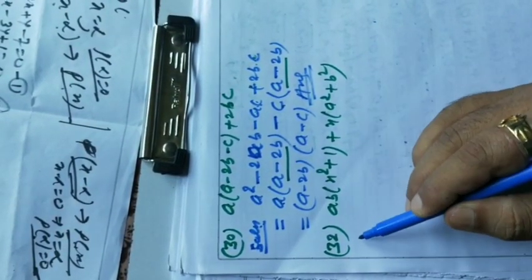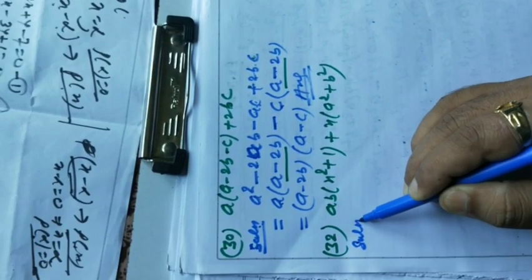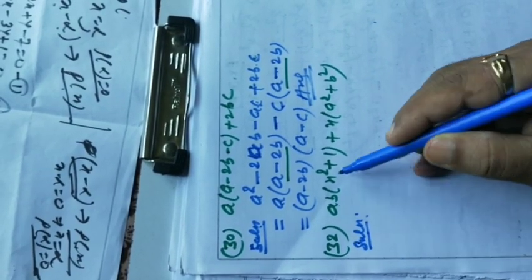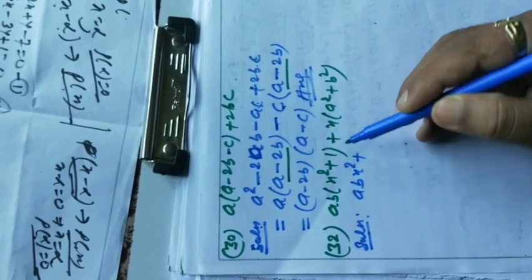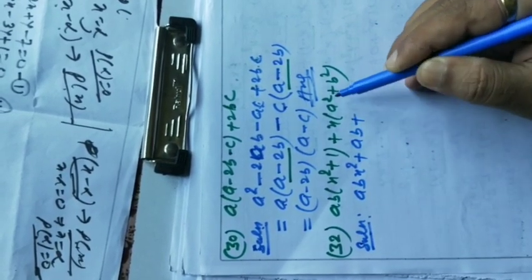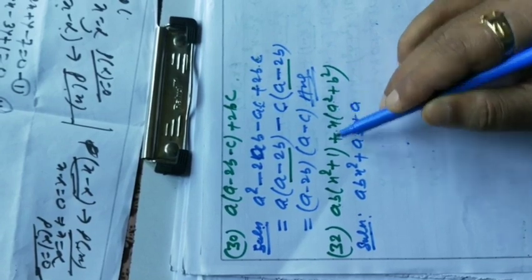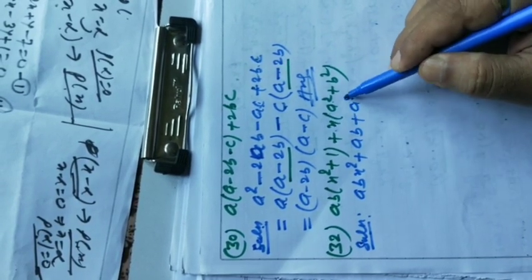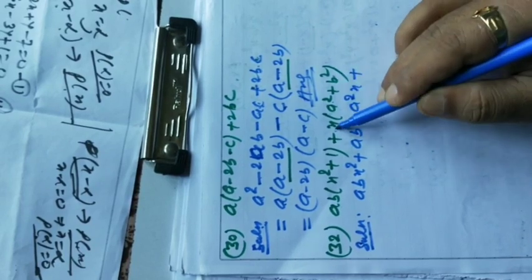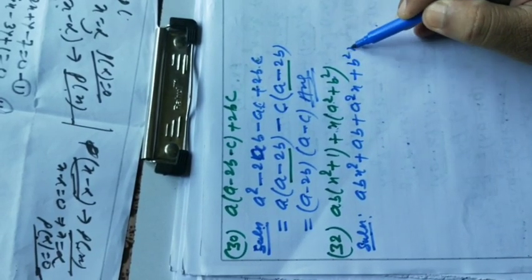So first multiply it. ab multiplied by x square will be abx square, plus ab multiplied by 1 will be ab. a square multiplied by x, plus sign is there, so a square multiplied by x will be a square x. b square multiplied by x will be b square x.